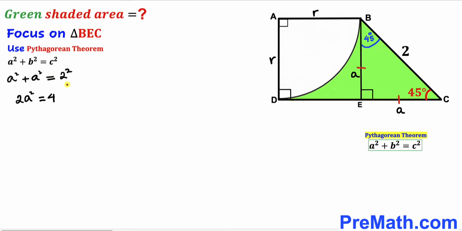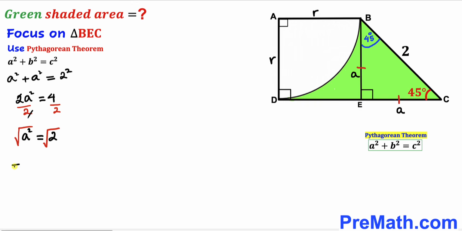I'm going to divide both sides by 2 to isolate a square. And here we can see 2 and 2 is gone. So therefore a square value turns out to be equal to 2. And now I'm going to undo this square by taking a square root on both sides.